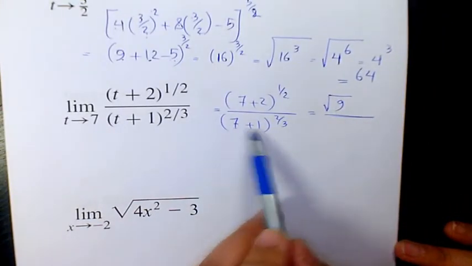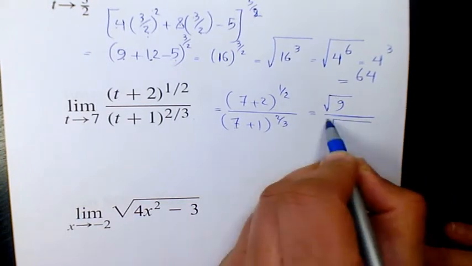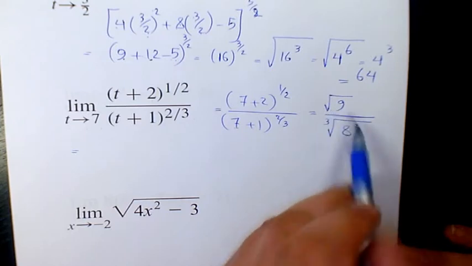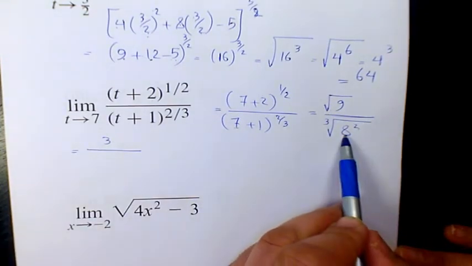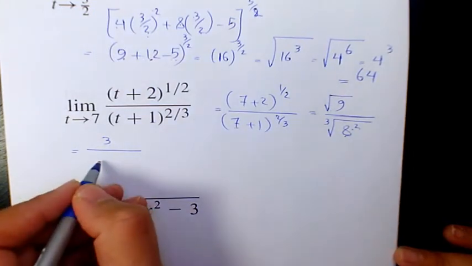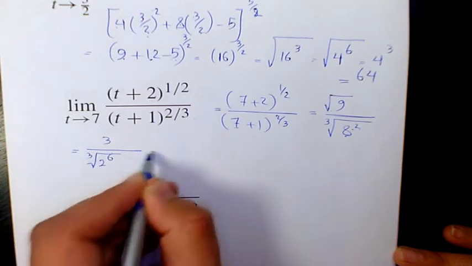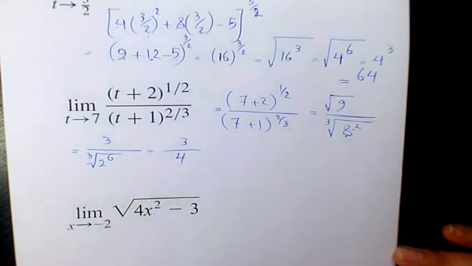And here we have 8 to the power of 2/3, which is the cube root of 8 to the power of 2. Square root of 9 is 3. 8 is 2 to the power of 3. To the power of 2 is going to be 2 to the power of 6. So the cube root of 2 to the power of 6 is going to be 2 to the power of 2, which is 4. So 3/4.